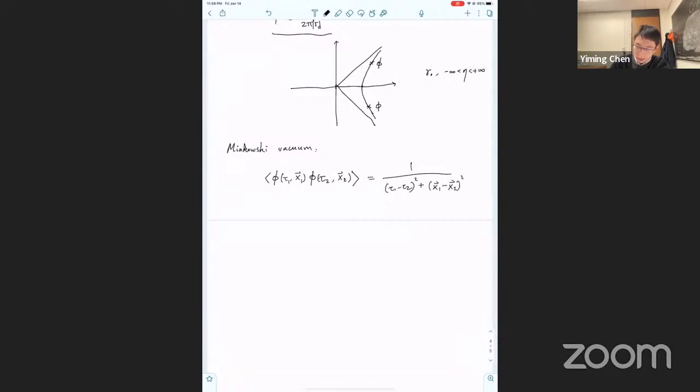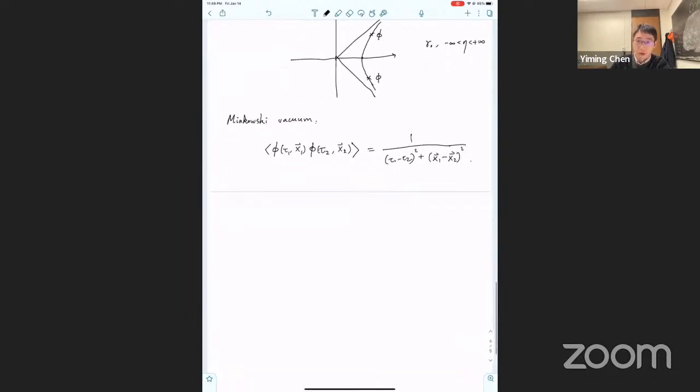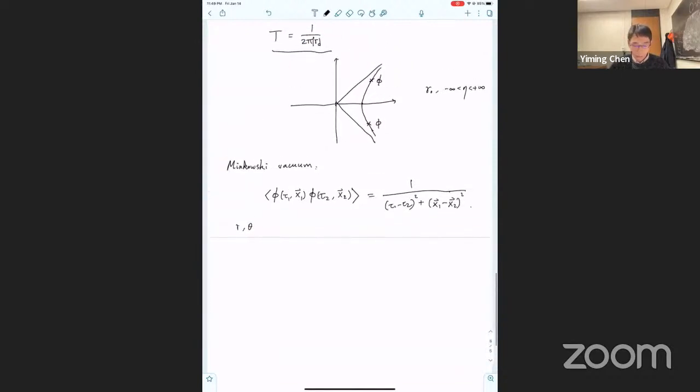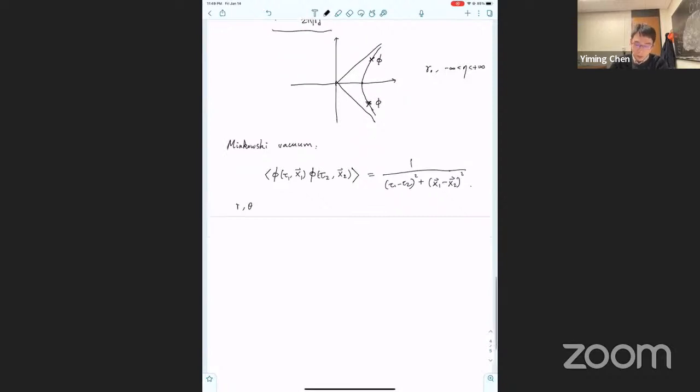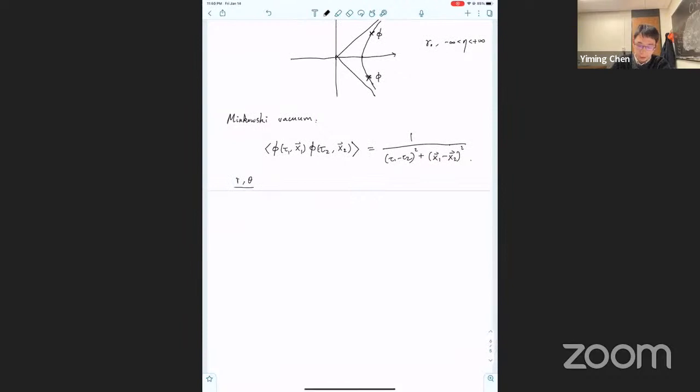Okay, and we can just do a simple change of coordinate and put it into the r and theta coordinate, and then continue to Lorentz signature. This way will be particularly easy to compute the 2-point function of the scalar field along such a trajectory. So in terms of the r and theta coordinate, let's say the first scalar field is at r1, theta 1, and the second is at r2, theta 2.